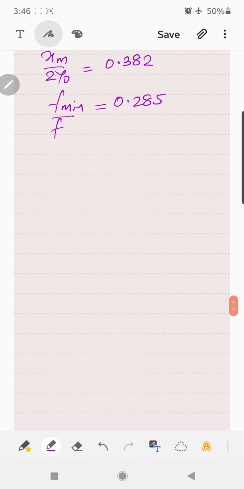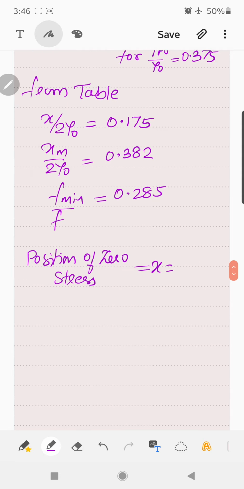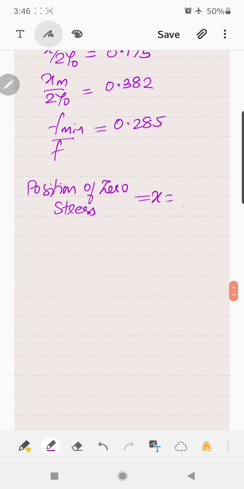So the position of zero stress is x. So x by 2 y naught is 0.175, so x is equal to 0.175 into 2 y naught. So we'll get the x value as 23.5 mm.